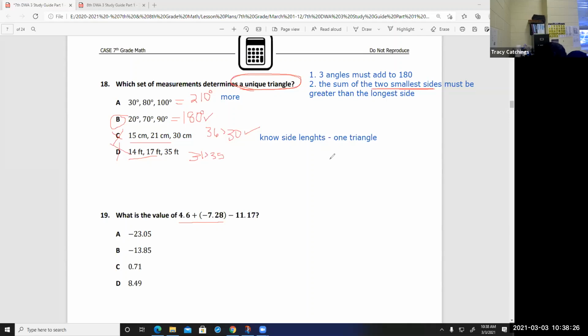What did you get? 4.6 plus a negative 7.28. Your calculator has a negative symbol. Negative 2.68.